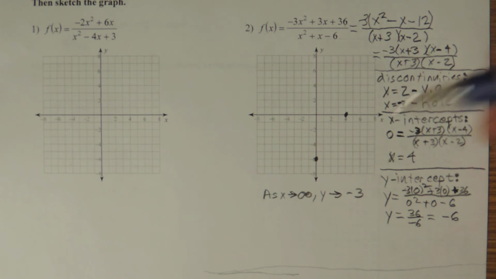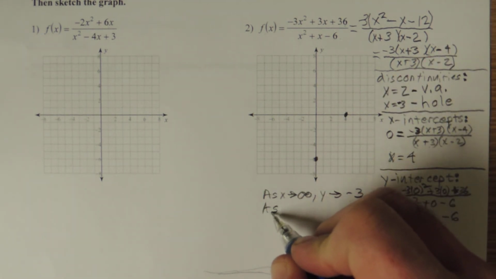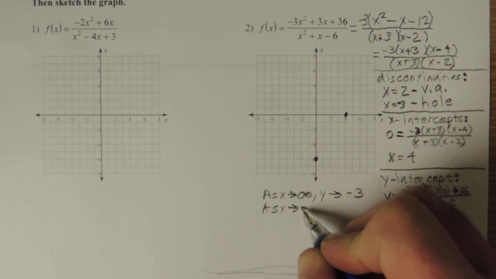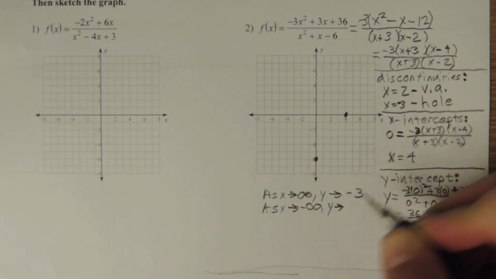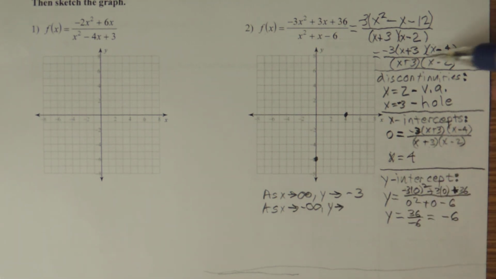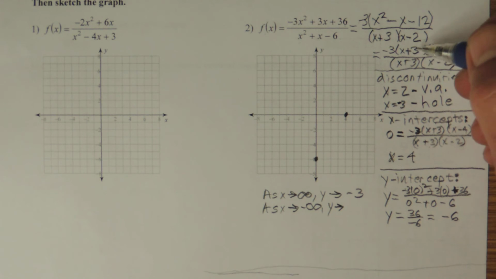And if I look at as x approaches negative infinity, y is going to approach, well, let's look. A really large negative number plus 3. So negative 1,000,000 plus 3 divided by negative 1,000,000 plus 3, those are still going to cancel.